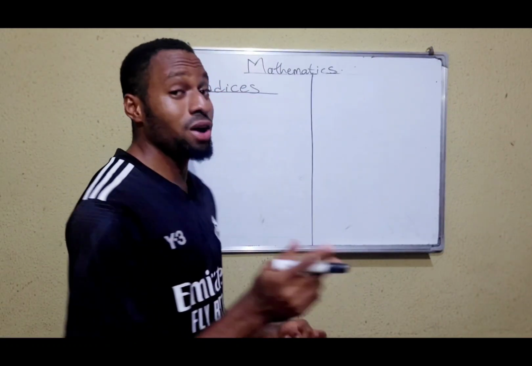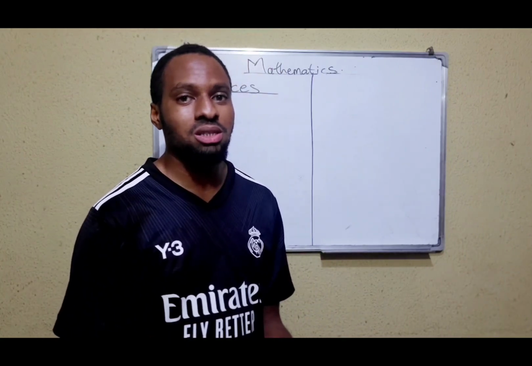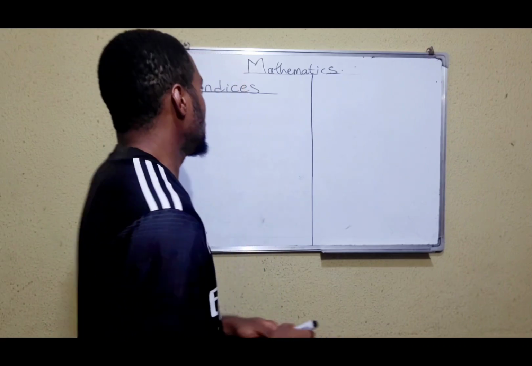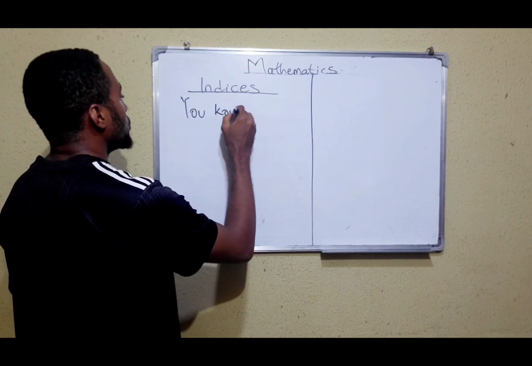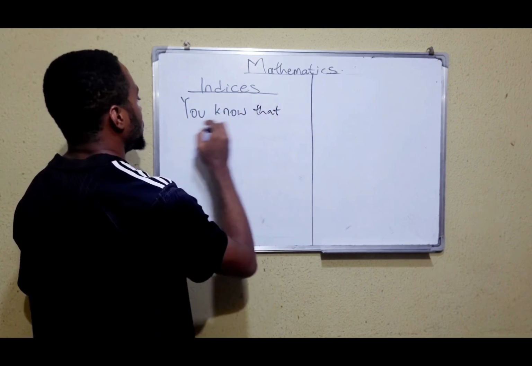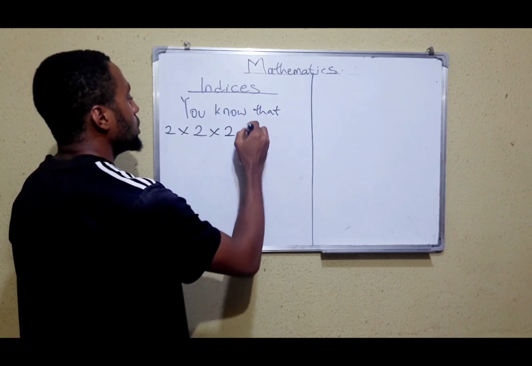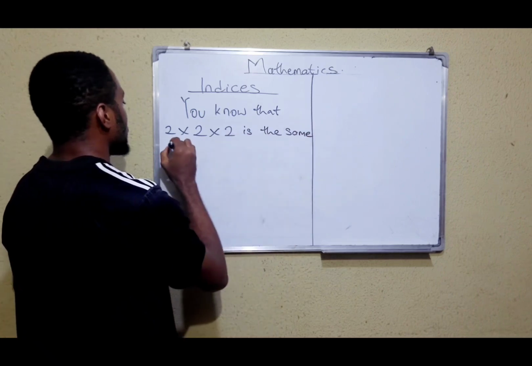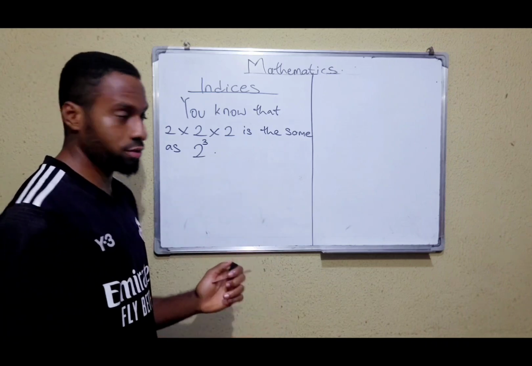So before I start, or before I define, or before I explain, I want to illustrate how we can easily understand the concept of indices. Let's look at this. You know that 2 times 2 times 2 is the same as 2 raised to the power of 3.